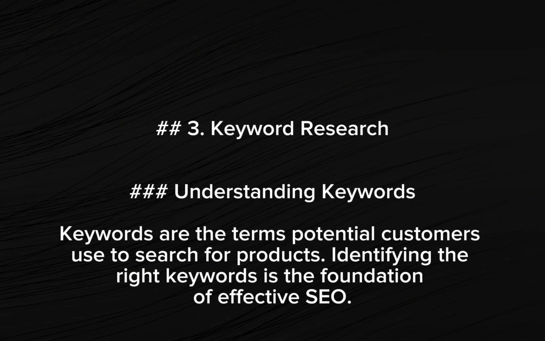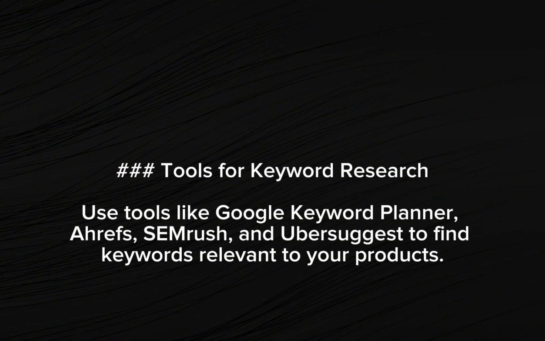3. Keyword research. Understanding keywords. Keywords are the terms potential customers use to search for products. Identifying the right keywords is the foundation of effective SEO. Tools for keyword research. Use tools like Google Keyword Planner, Ahrefs, SEMrush, and Ubersuggest to find keywords relevant to your products.